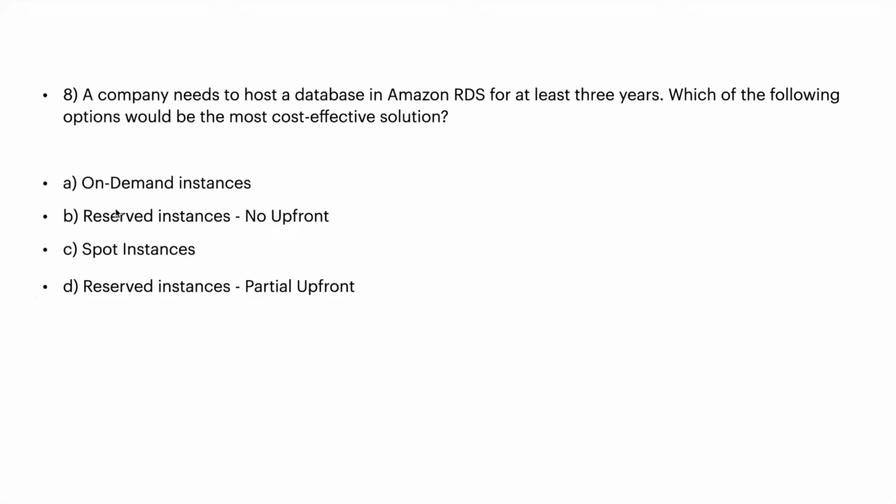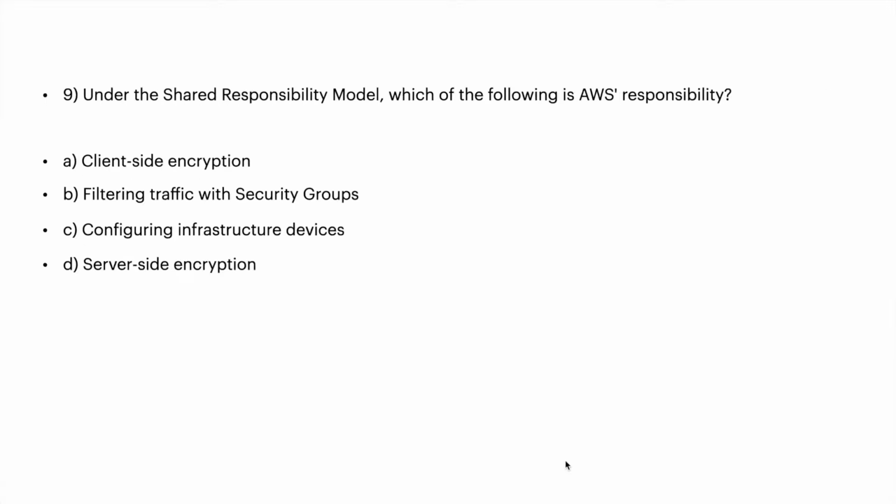So, A. On-demand instance. B. Reserved instance, no upfront. C. Spot instance. D. Reserved instance, partial upfront. So in this case, the most cost-effective solution is D, reserved instance, partial upfront.